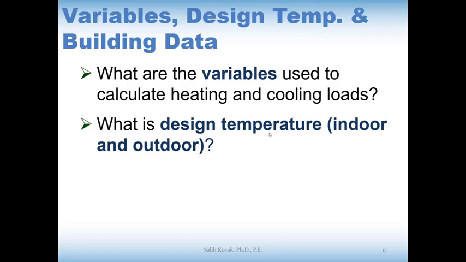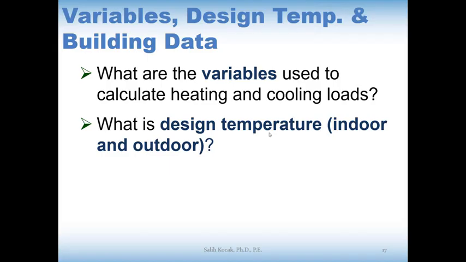And outdoor design temperatures will be taken as the coldest temperature during 97.5% of the winter and the warmest expected temperature for 95% of the summertime. So we are not getting just one value, we are getting the 97.5% for the winter case and 95% of the summer temperatures.